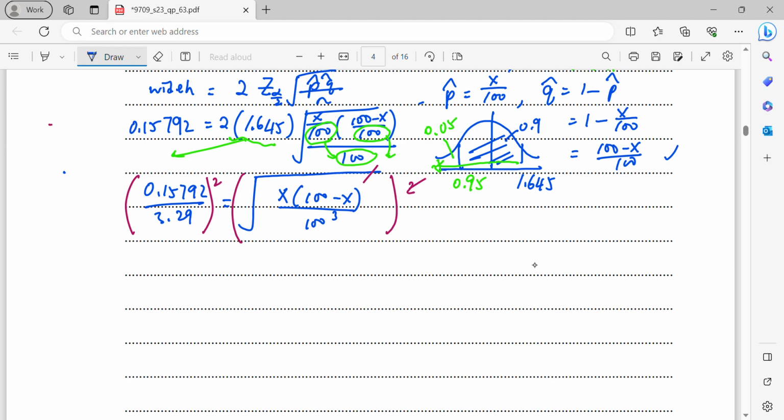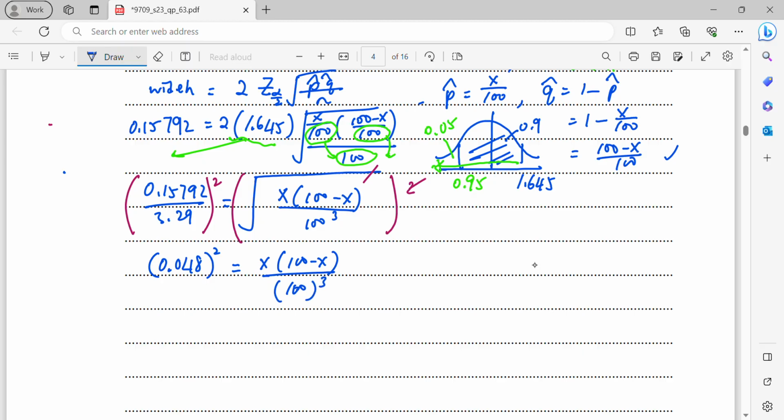So now before I calculate what is the square of the bracket first. The bracket I will simplify into 0.048. Okay, then I will get squared. And then now once I have factorized, I have cancelled off the square root with the squared, I will get x bracket 100 minus x over 100 cube.